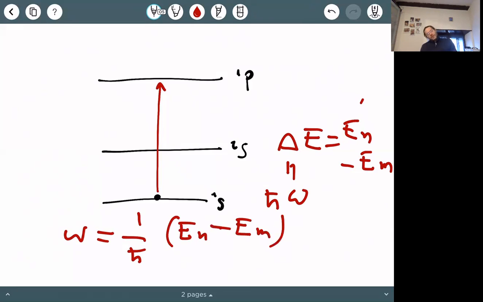So basically what this is telling me is that, if I look at the absorption and emission spectrum, because when the electron de-excites it can emit a photon, I expect only certain frequencies to be emitted or absorbed by certain atomic species.